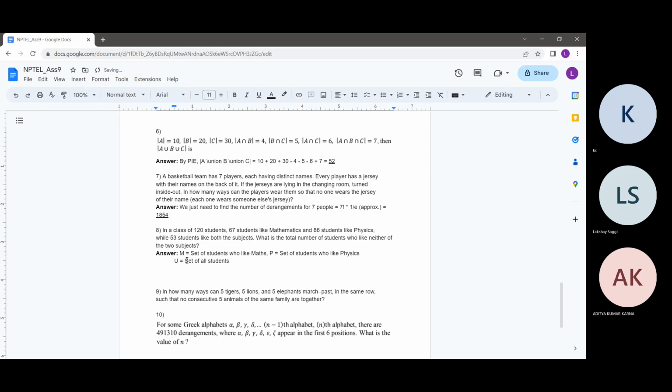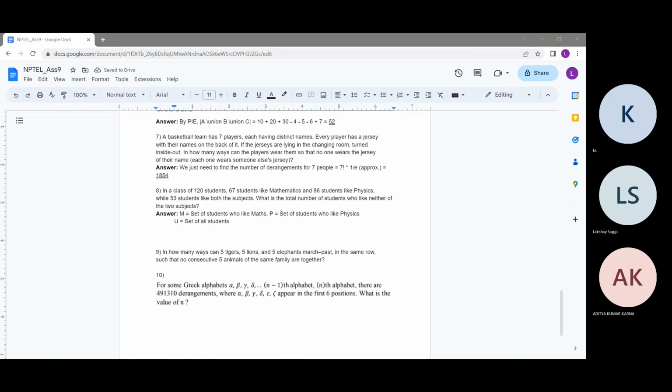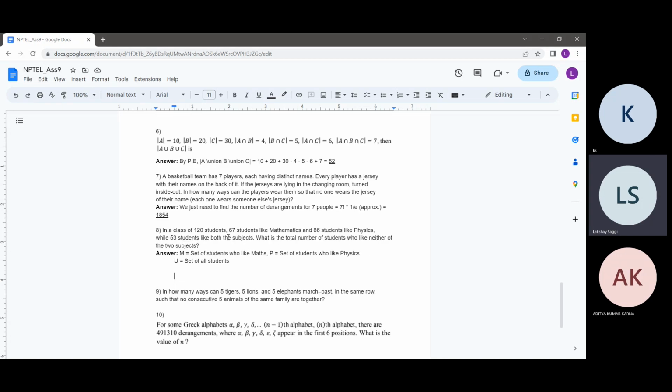So Aditya has written the answer as 26. I think, Aditya, the answer is actually 20 and not 26. Maybe I'll just discuss the solution and you can figure out how this is the case. You don't even need to write the formulas, you can just do this using Venn diagrams also, but nevertheless, let's discuss it. So there are 67 students who like maths and 86 students who like physics, while 53 like both the subjects.